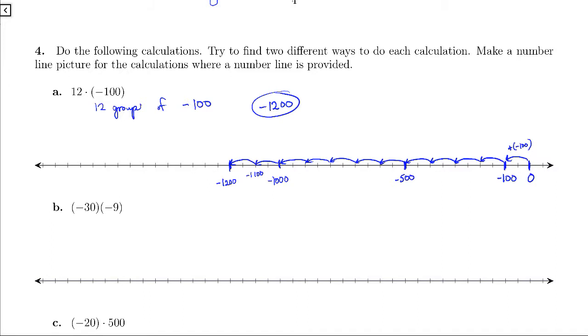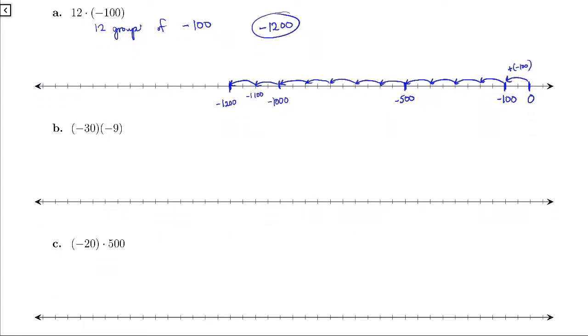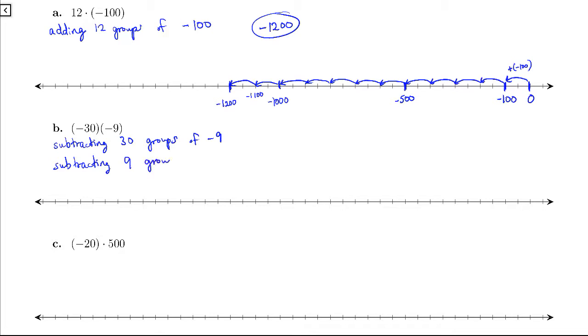Okay, so this one, I should probably say, is adding 12 groups of negative 100. So I can think of this one here as subtracting 30 groups of negative 9, or subtracting 9 groups of negative 30.